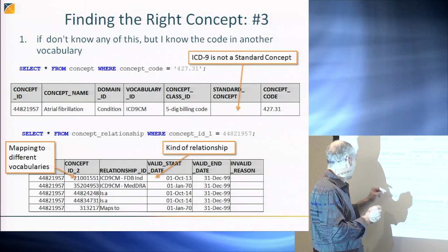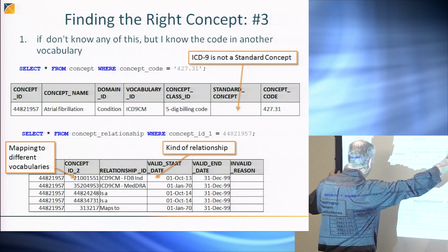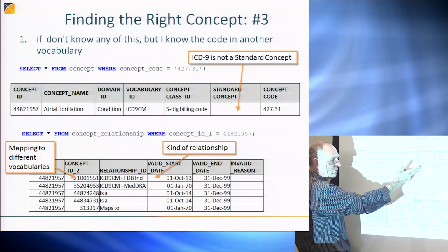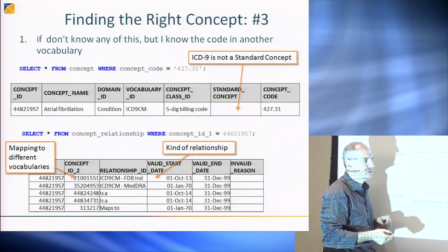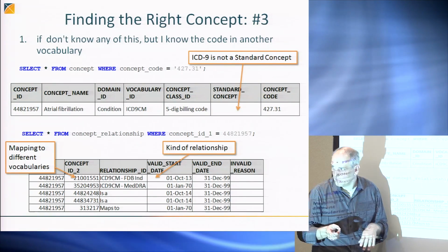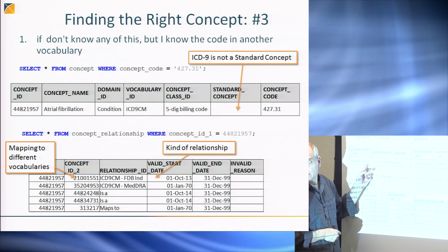It's bizarre. So I type it in, starting from the concept code. I get atrial fibrillation, condition, ICD-9, that's true. It's a 5-digit billing code. We are good, right? Only problem is, this is not 313217.